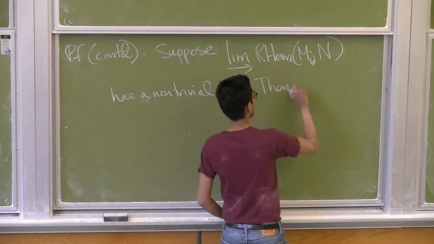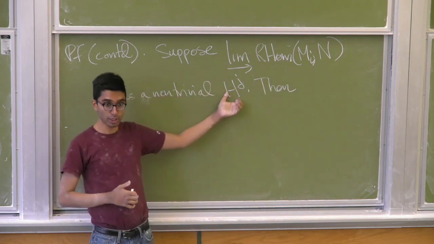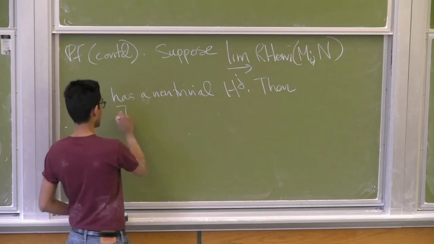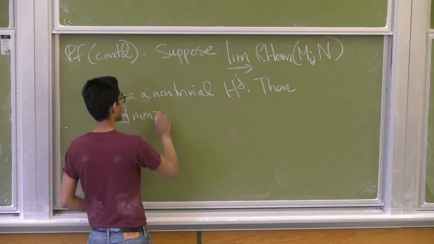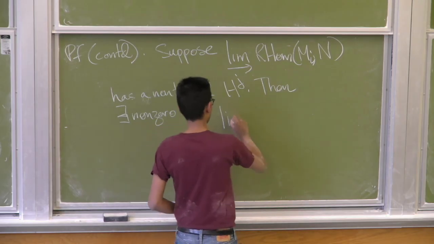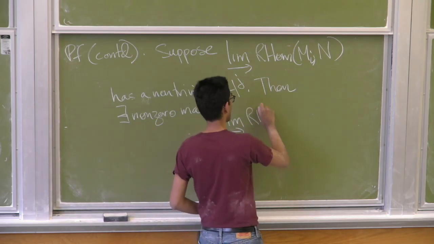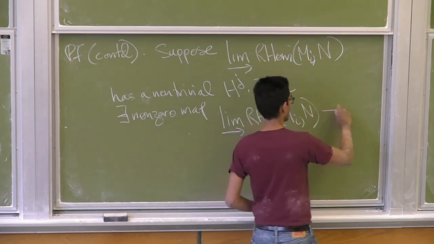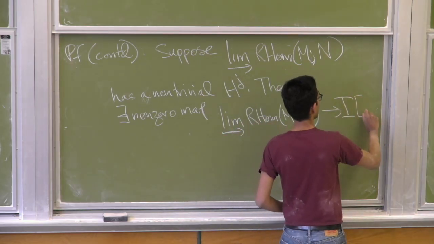So then the point is that this, whatever this Hj is, it embeds into an injective module. So there exists a non-zero map from the colimit of R Hom from M sub i into N into an injective module shifted by minus j.